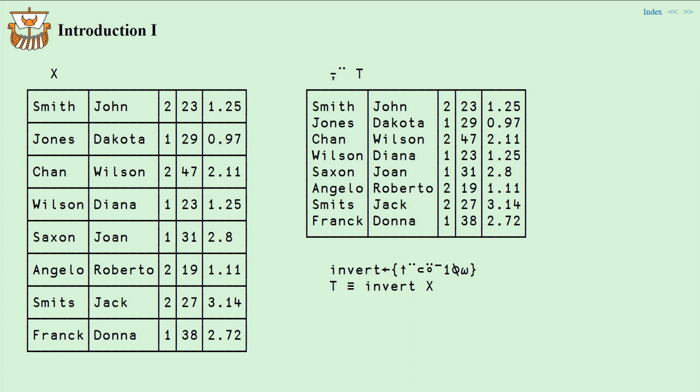So going down the column, you see that it has the same data type. Another column, and then another column. So this table has 8 rows and 5 columns, and so does this inverted table.